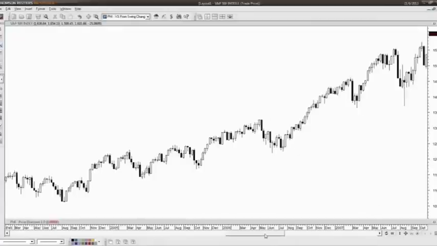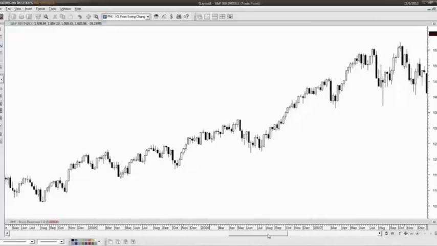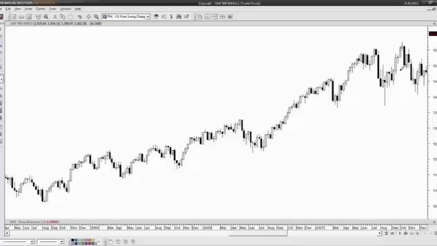Market is going up, then it comes down, and then it starts going up. So what do we expect it to do here? To break the top here and continue going up.